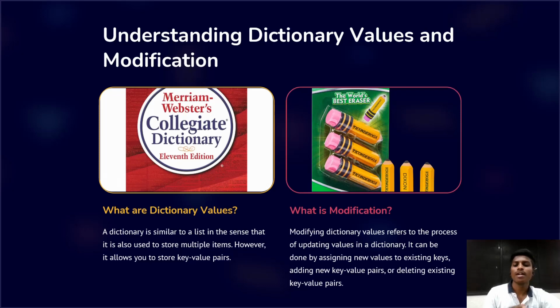It can mainly be done by assigning a new value to an existing key, adding a new key-value pair, or deleting an existing key-value pair. You can do it both ways or either way, by deleting the existing value and assigning the new or modified value to the dictionary, or we can directly assign the new modified value to the dictionary.